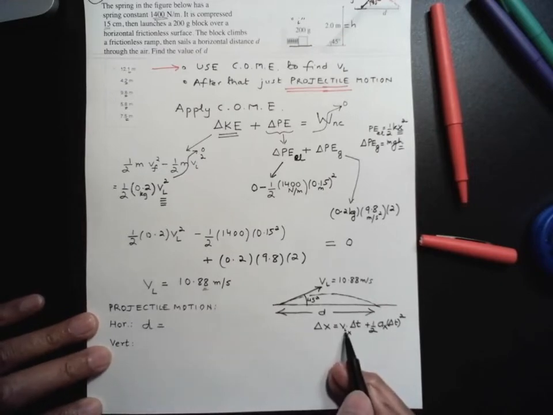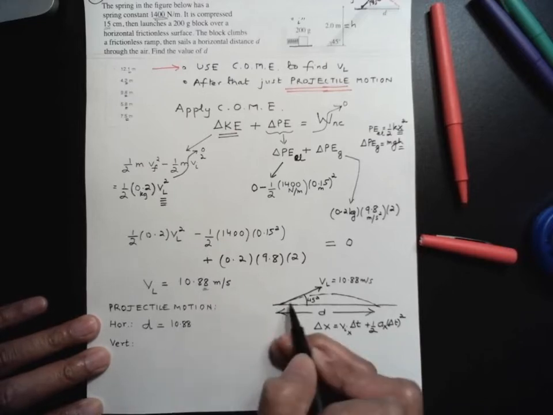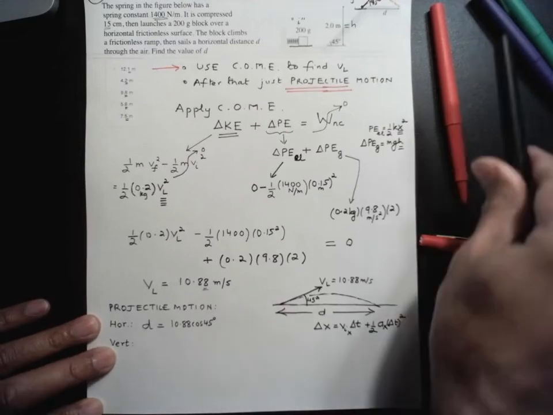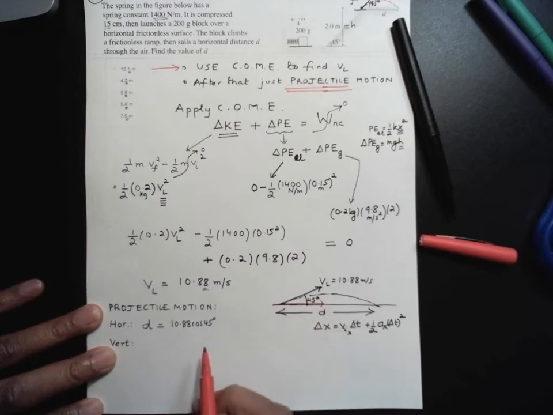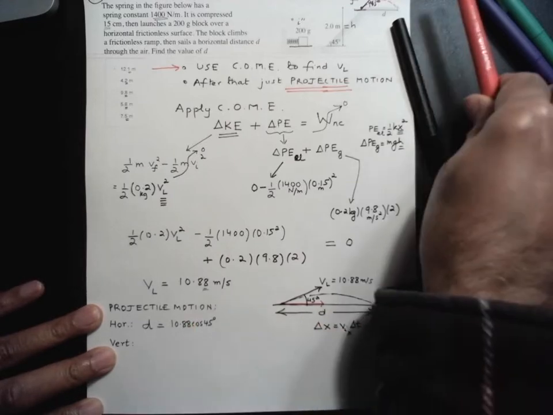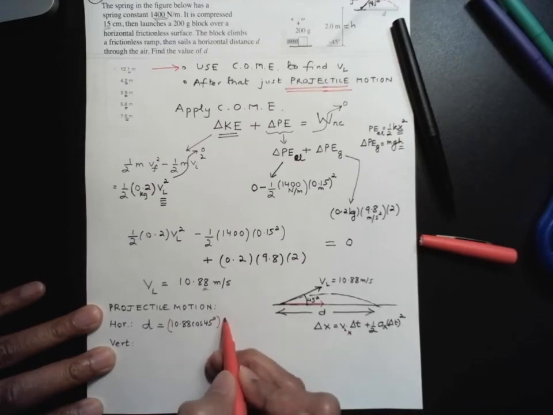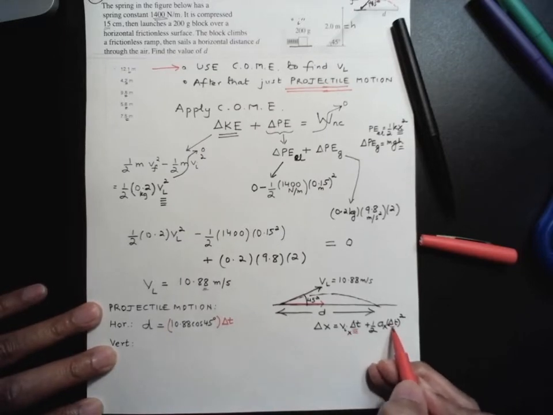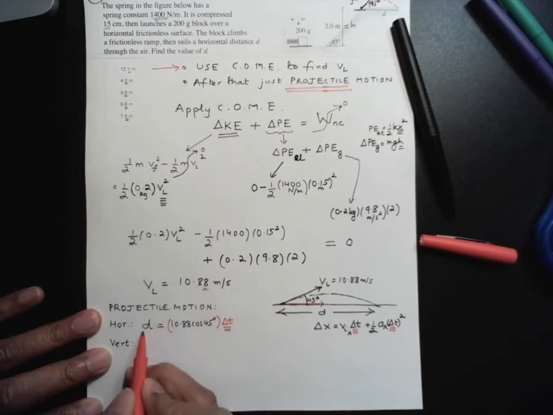The v initial in the x direction is 10.88 cosine 45, that's the cosine. And then delta t, I don't know what delta t is, but once I know delta t, I will know what d is. And that's what I want to find.